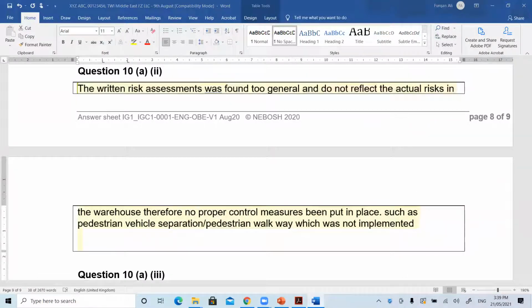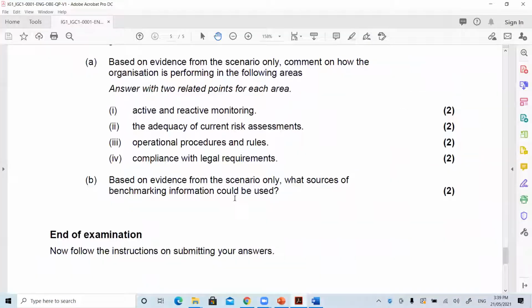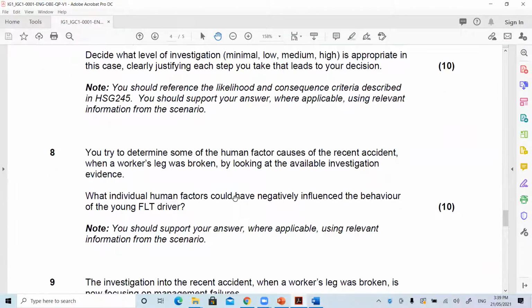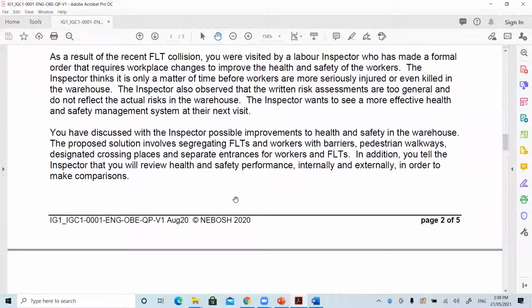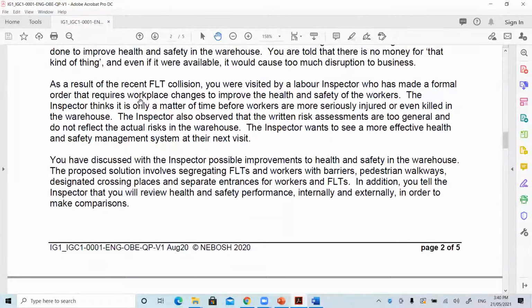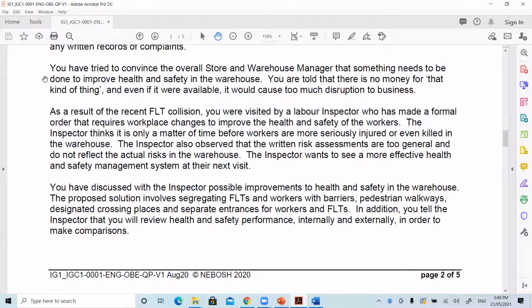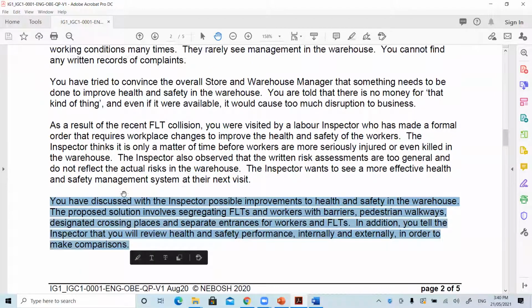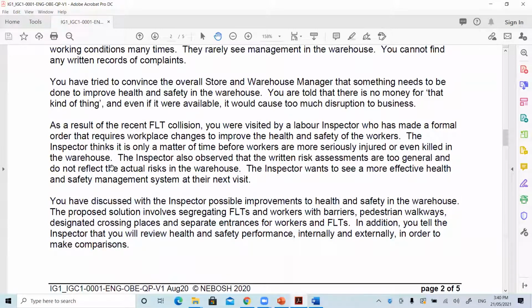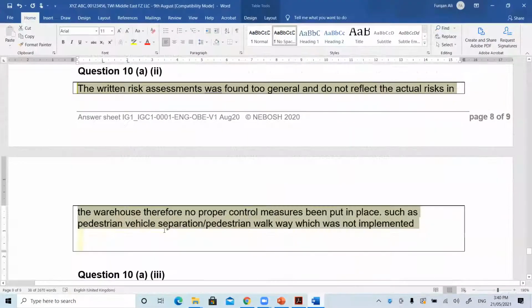Okay, now let's look at the scenario again and see what other point we can find. Okay, you have discussed with the inspector improvement in health and safety, proposed solution with barriers, pedestrian accessway, conditions. This is something you can include there as well. Yes, you can say this.